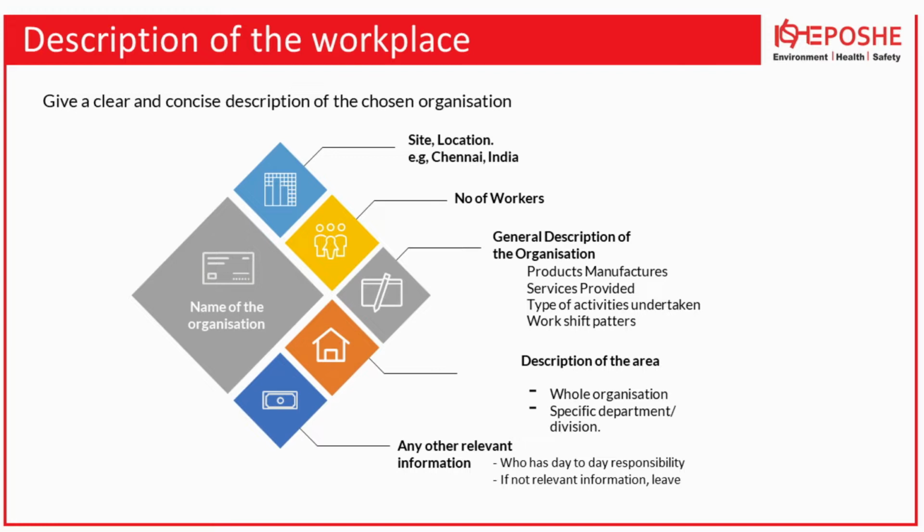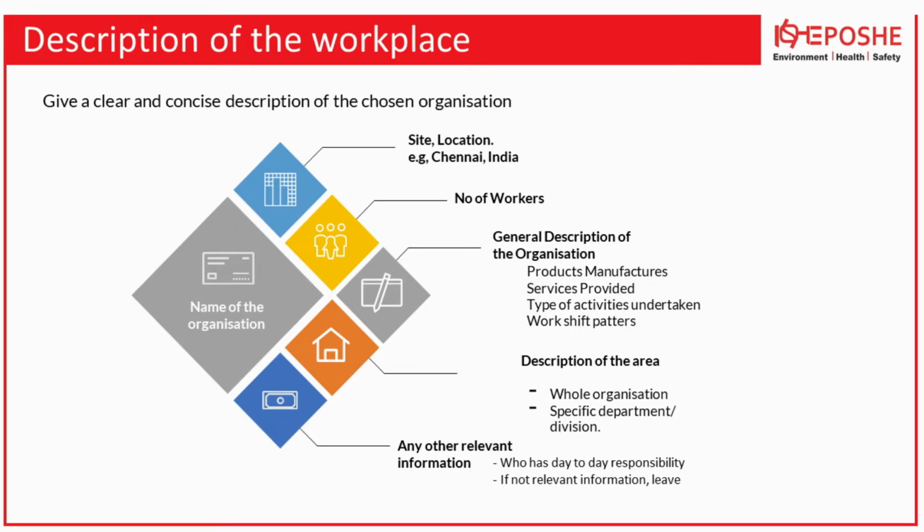Then, you must write the location of the site, for example, Sipcot, Guindy, Chennai, India. In the next row, you have to write the number of workers working in the site, including permanent and contract workers. Next, you must provide the general description of the organization.